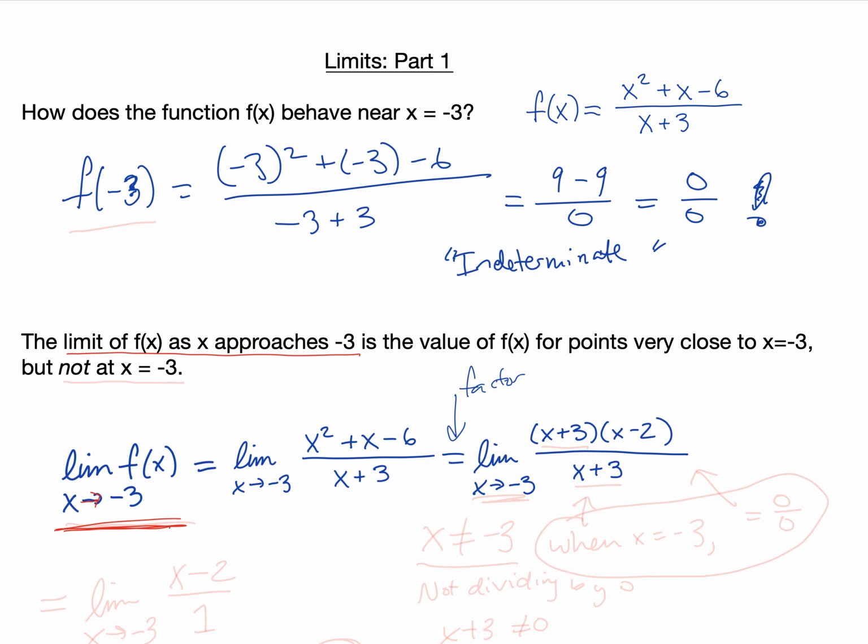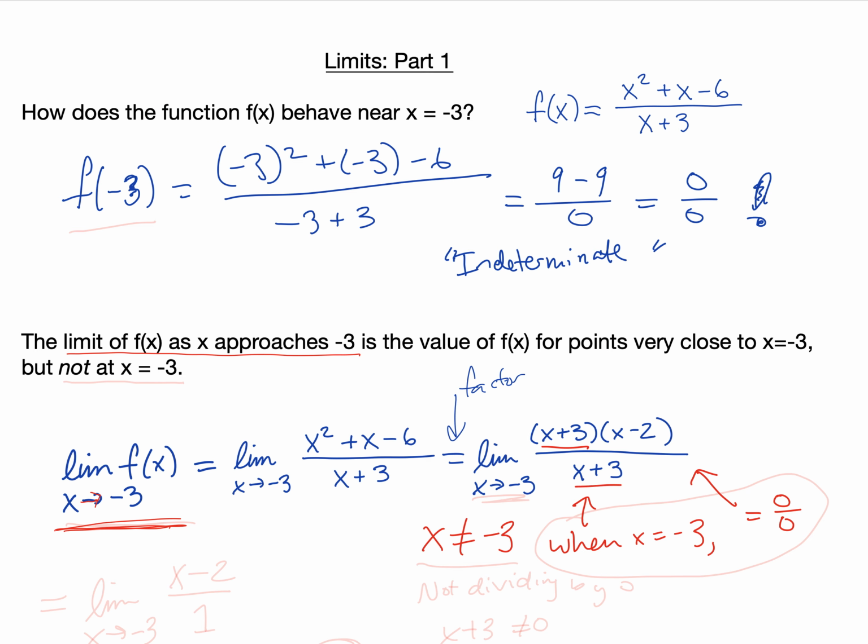Well, we can. And the reason that we can is that x is not equal to negative 3. So something to note is that when x does equal negative 3, that's where we have the issue. We have an issue of this being equal to 0 over 0. Negative 3 plus 3 would be 0. This would also be 0.